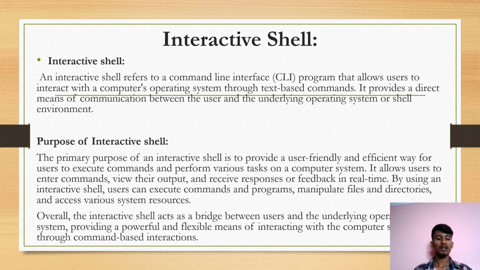By using an interactive shell, users can execute commands and programs, manipulate files and directories, and access various system resources. Overall, the interactive shell acts as a bridge between the user and the underlying operating system, providing a powerful and flexible means of interacting with the computer system through command-based interactions.